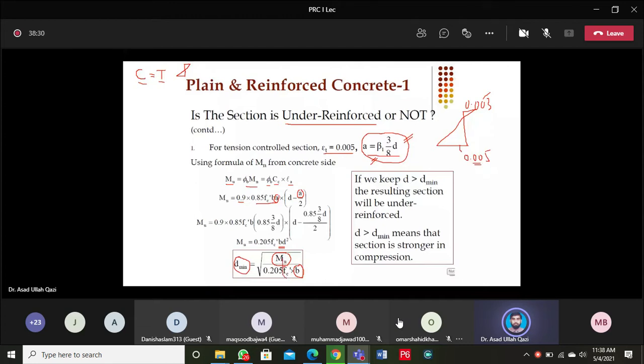So it means this is the minimum d which will make the left hand side equal to the right hand side, demand equal to internal capacity, and further the capacity I am calculating with that neutral axis of concrete.